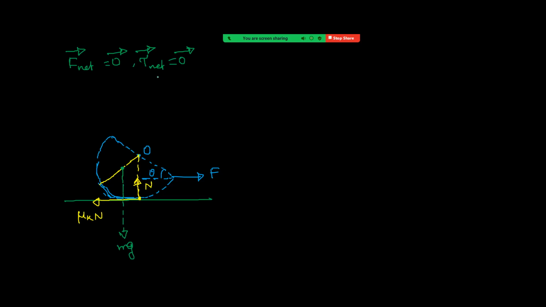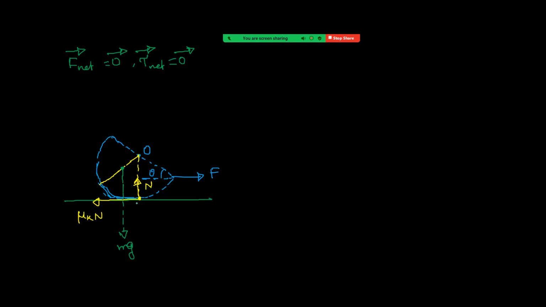So here I'm taking the torque equation about the contact point. Then see what happens. Because of normal reaction and because of friction, torque becomes zero. That is the advantage of taking the torque equation about the contact point.